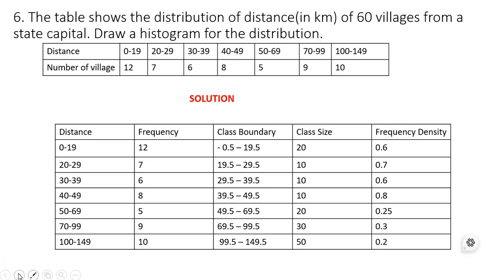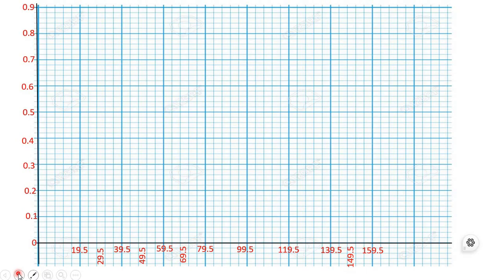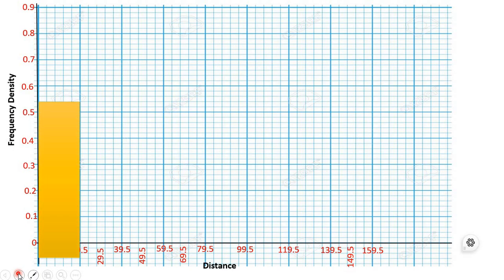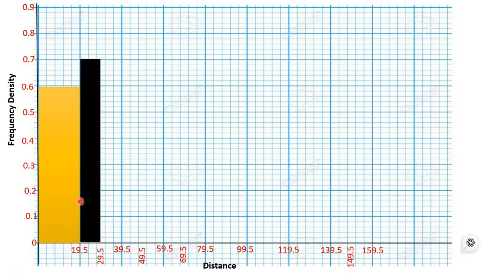So putting back what we already have, 0.7 is the frequency density, and it is from 19.5 to 29.5. That is half of 20, that's 10. So you measure it, and this is your band.